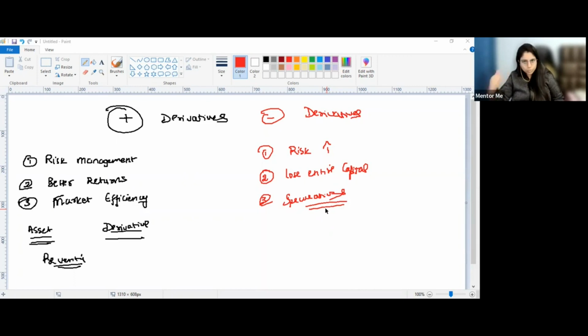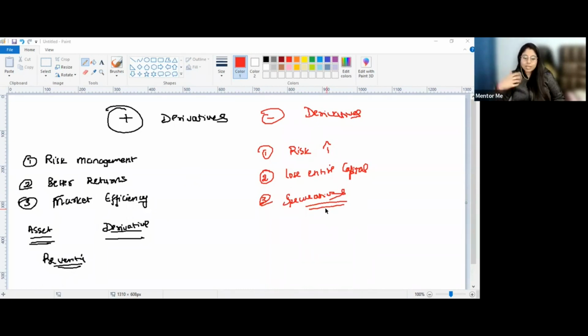Most of the people who come to derivative market do not have the background knowledge, experience and skills that is required, right? That's why it turns out to be a misuse. It turns out to be something that deteriorated your capital and everything.